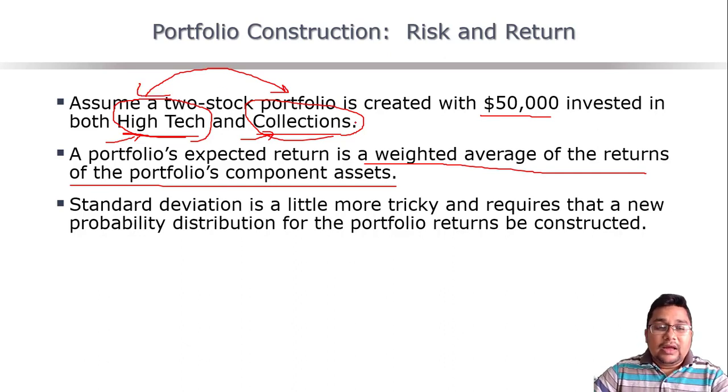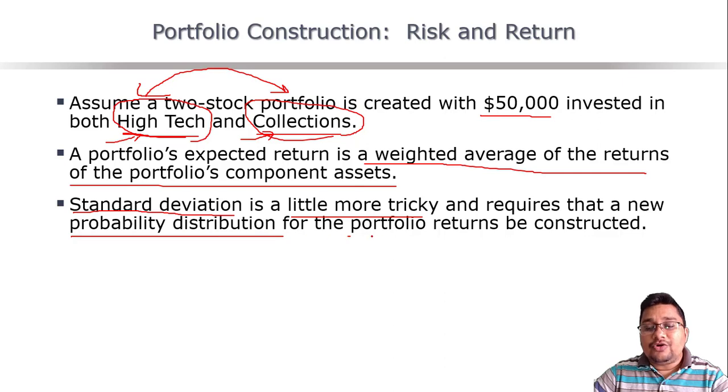You know that the measurement of risk is done by calculating the standard deviation. Because we are thinking about the risk associated with future returns, it is a little more tricky and it requires that a new probability distribution for the portfolio returns be constructed.